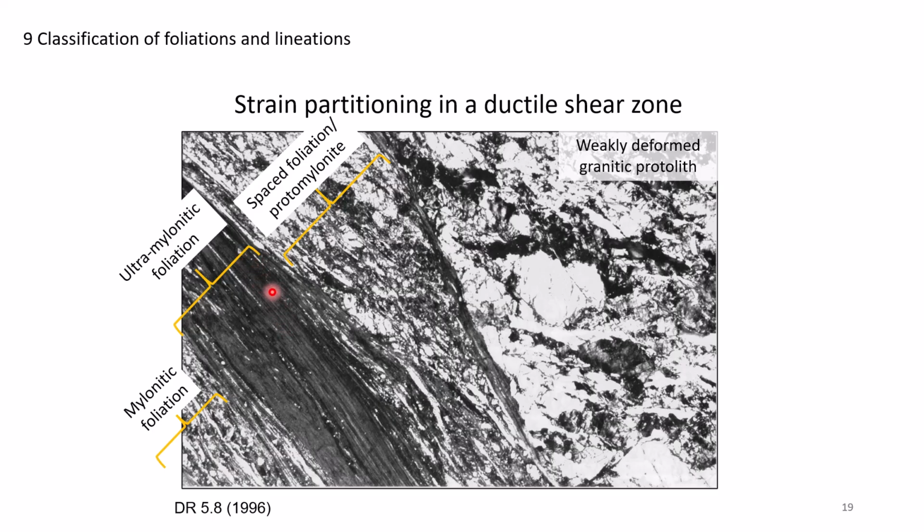We see a very intense foliation, but grain size reduction has eliminated almost all porphyroclasts. Only very tiny little specks of the former feldspars are still visible. The rock that we see here is in its composition and textures dramatically different from the protolith from which it has formed.